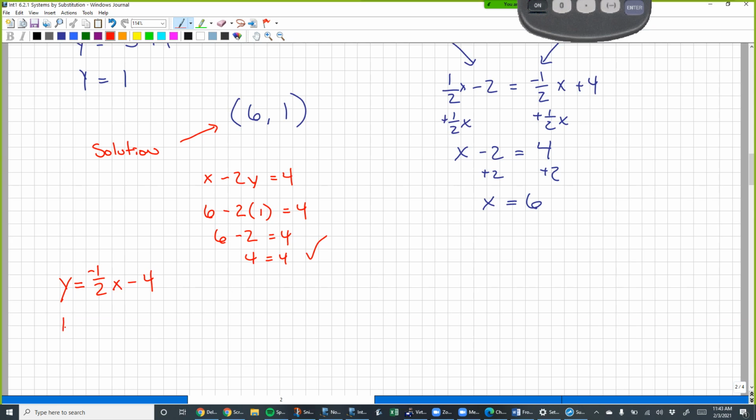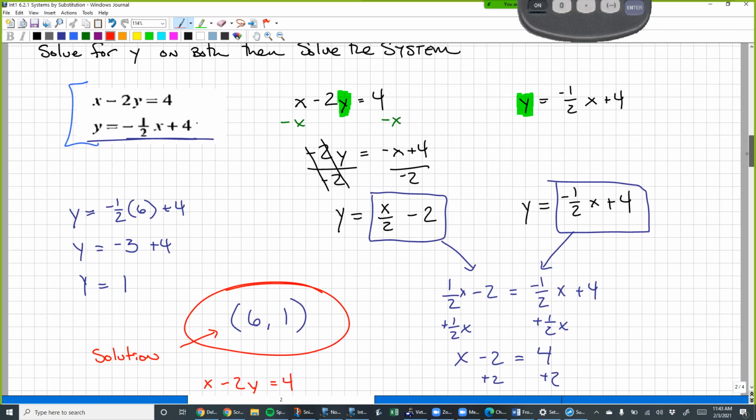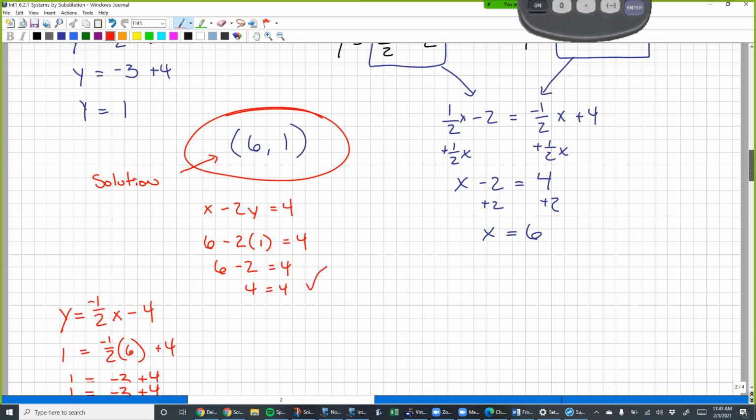And if I plug in 1 for y, and I plug in 6 for x, I'm going to get negative 3 plus 4 is equal to 1. So I've double checked it to see if it works. This guy is my solution to this system of equations. All right, let's take a look at another problem.